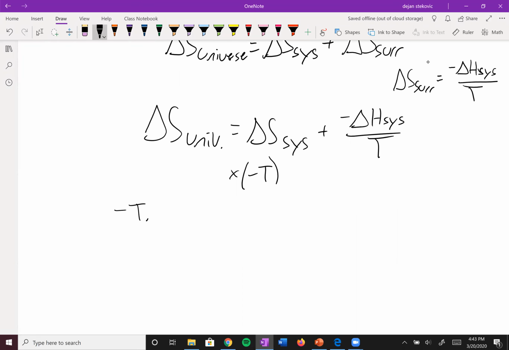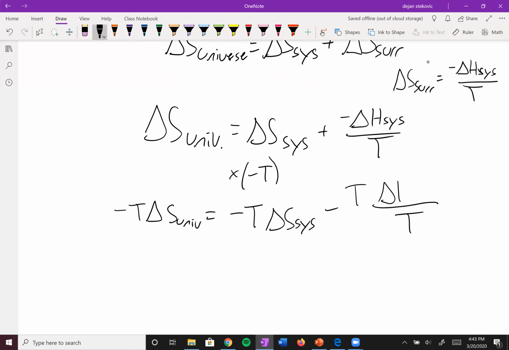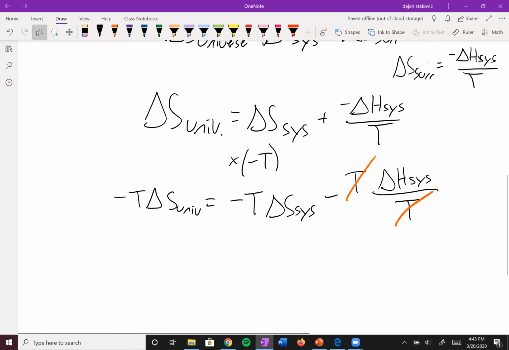So you get negative T delta S of universe is equal to negative T delta S of the system minus T times delta H of the system over T. These guys can go ahead and cancel out.